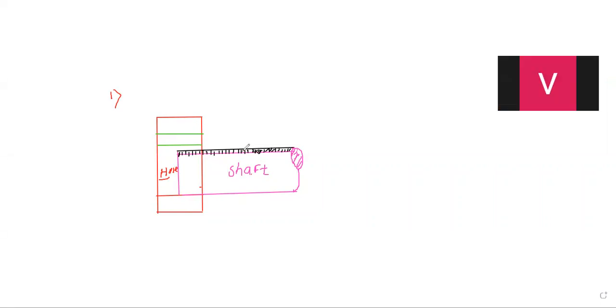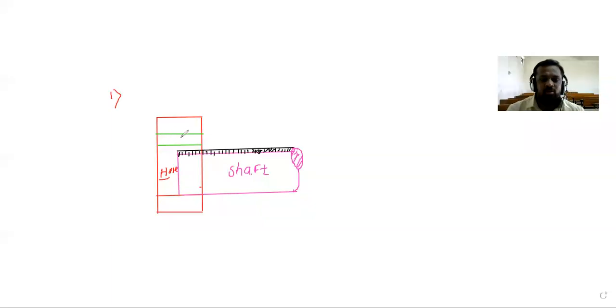Yes, shaft. Okay, it is the shaft. And see here, this is the tolerance zone for the hole. So I will draw here. This is the tolerance zone for the hole.